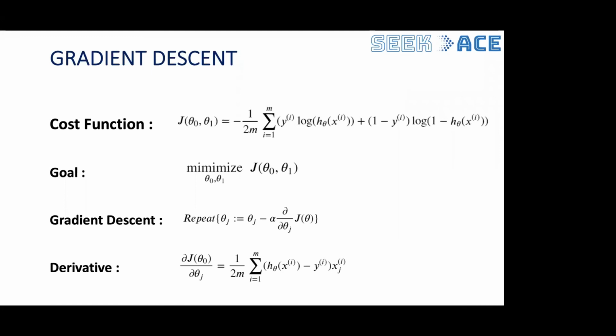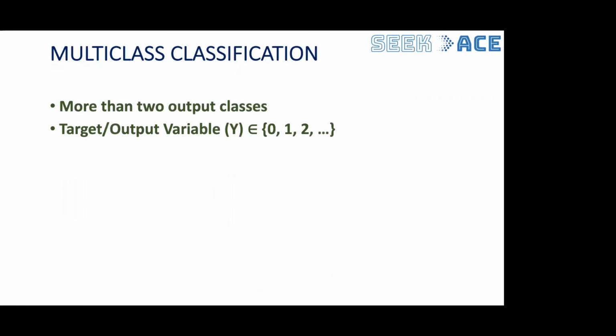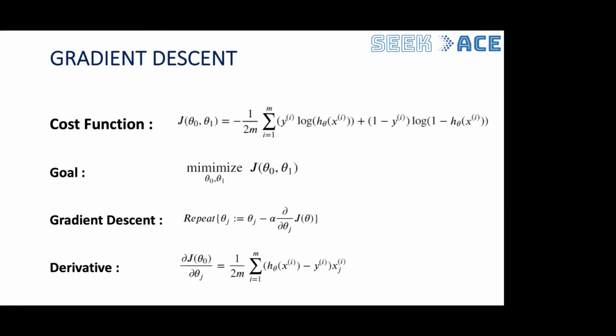We will start our algorithm with any thetas, choose some alpha, find the gradient of each theta, and update theta. We will keep minimizing until then. The derivative in linear regression was this. We know our h theta, we know our y, we know our x. We will put all those values here, and that will be our logistic regression.